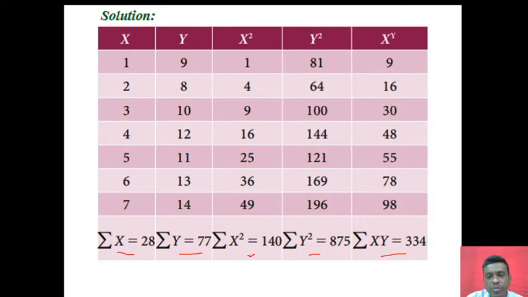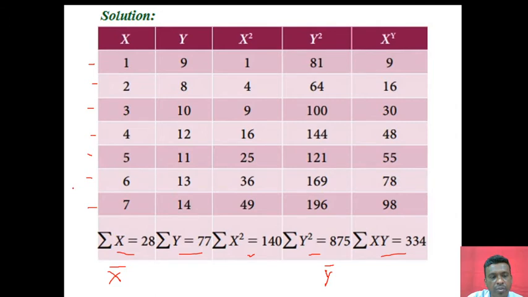Okay, so once you get all these values, the next step is you have to find the mean of x. So mean of x is represented as x bar, and similarly you have to find out the mean of y, which is represented by y bar. Okay, so x bar is equal to summation x divided by n. What is n? N is the number of observations: 1, 2, 3, 4, 5, 6, 7.